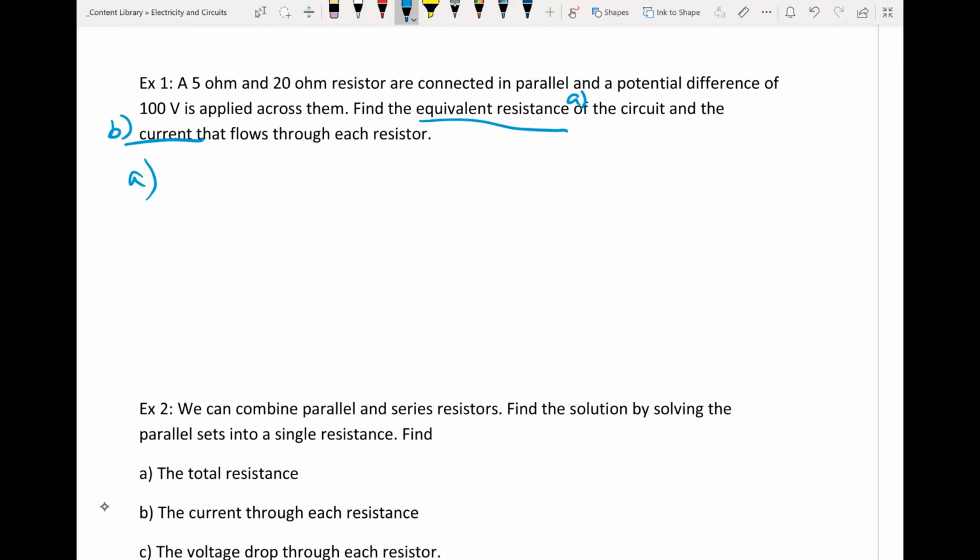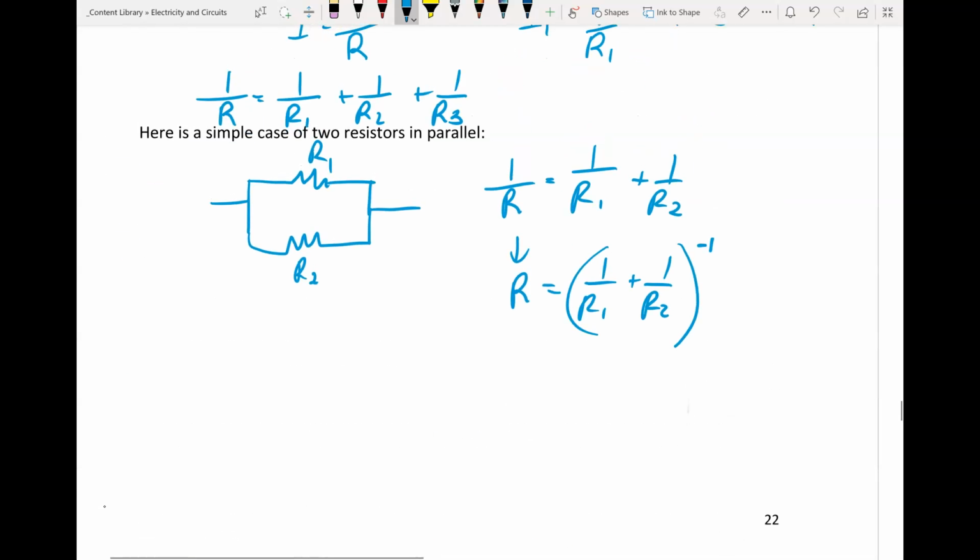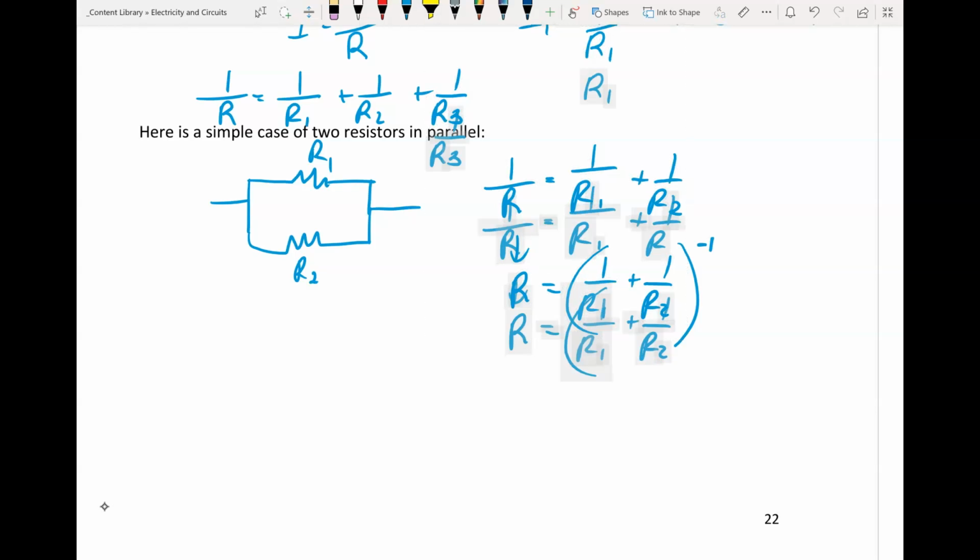We're looking for the equivalent resistance, so I am going to use this relationship that we just found out.